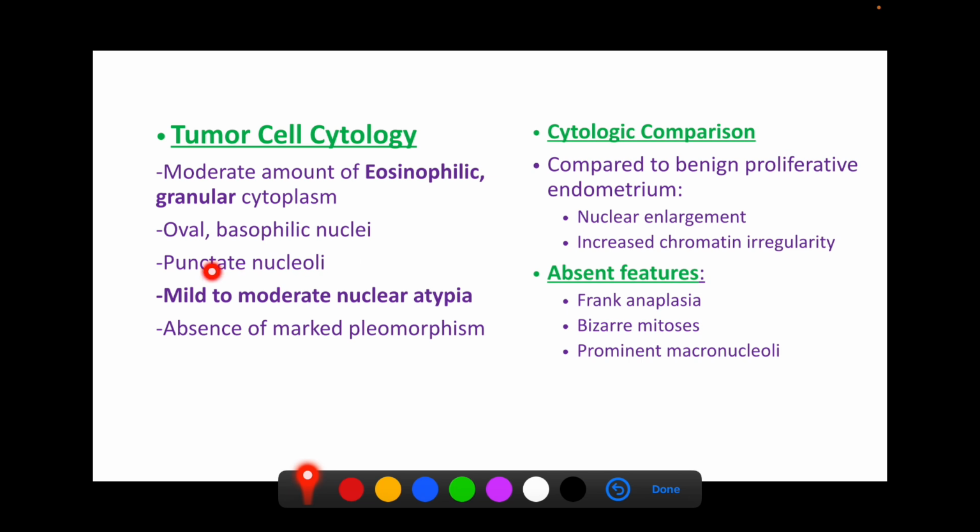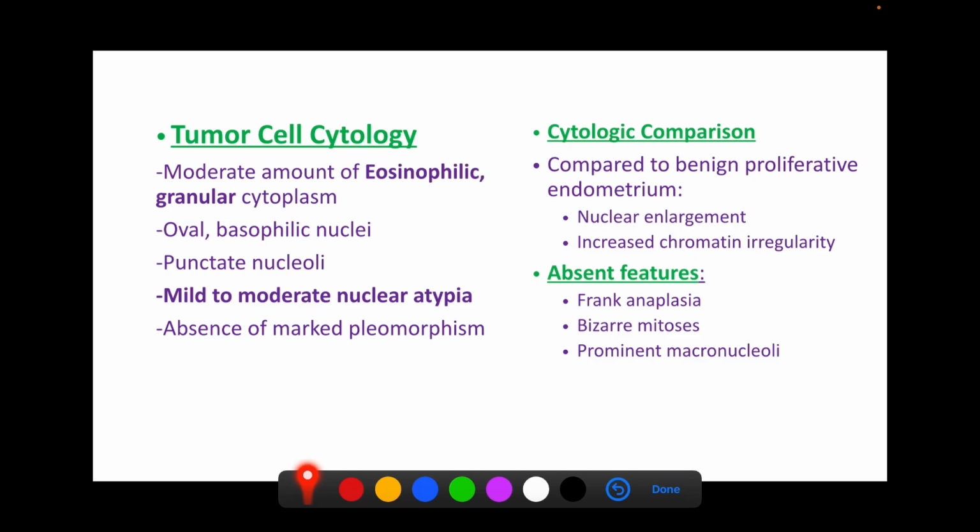This point is very important because if severe nuclear atypia is there, it is generally seen in case of serous carcinoma, and there is absence of marked pleomorphism. Now, we have to compare it with benign proliferative endometrium.